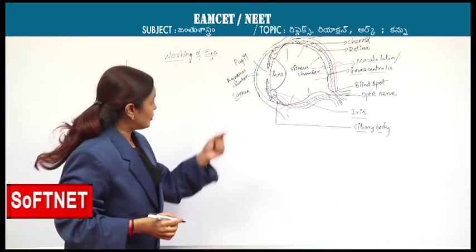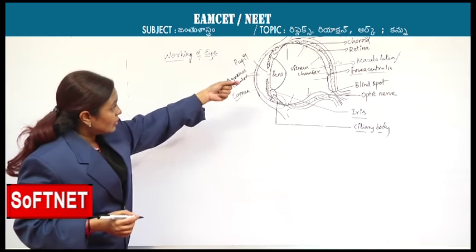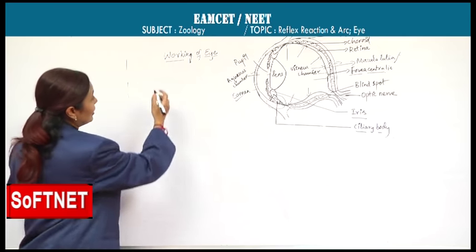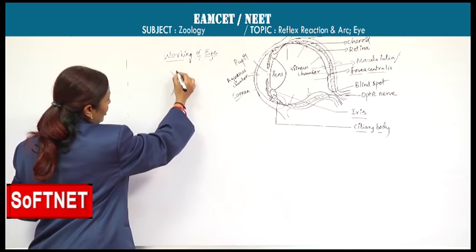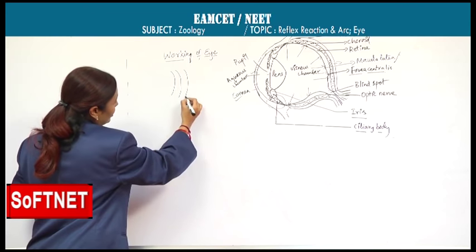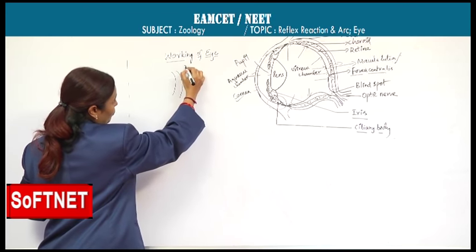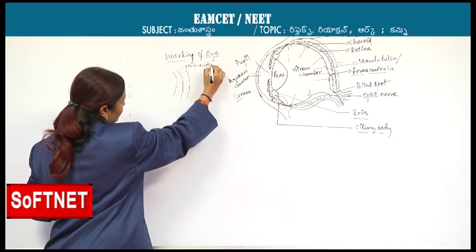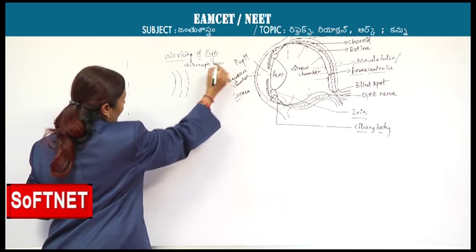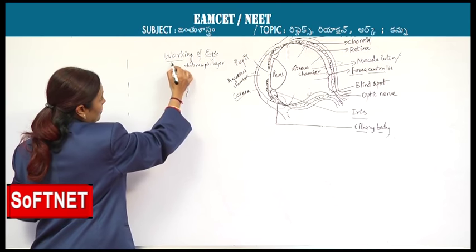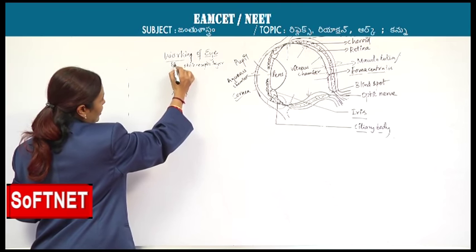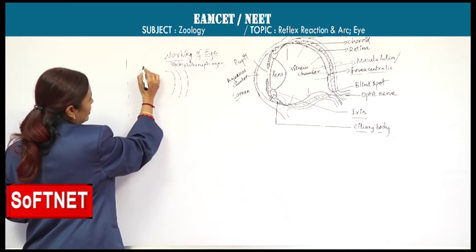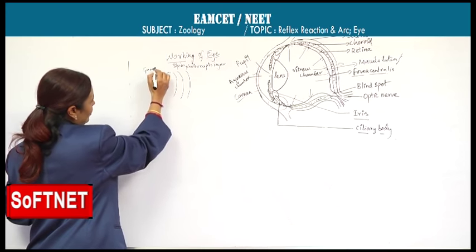Through the lens it enters the vitreous chamber, from where it falls on the retina of the eye. As we already discussed, the visual portion of the retina has 3 layers. What are those 3 layers? The outer layer is the photoreceptor layer, the middle one is the bipolar cell layer, and the inner one is the ganglionic cell layer.